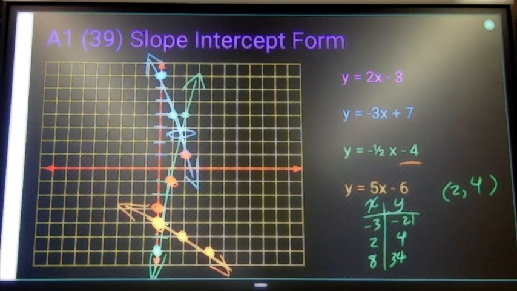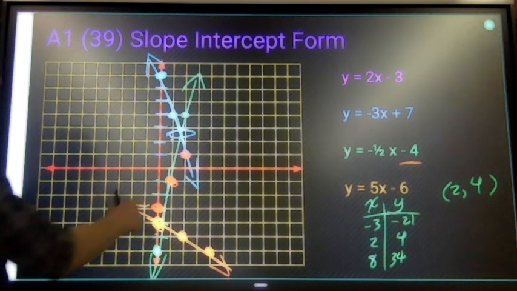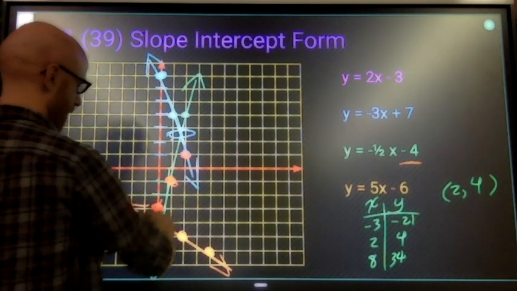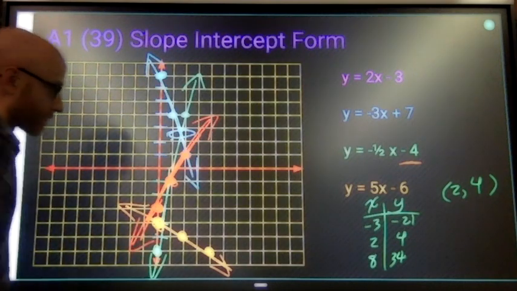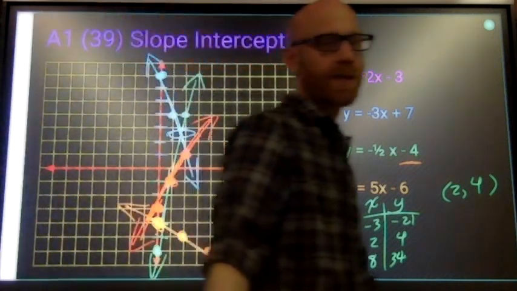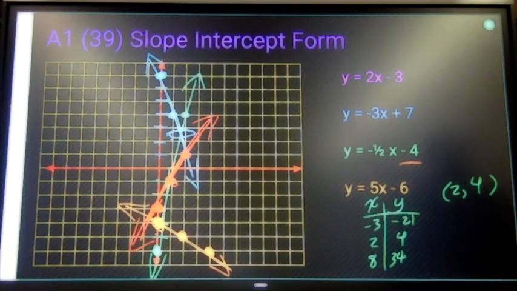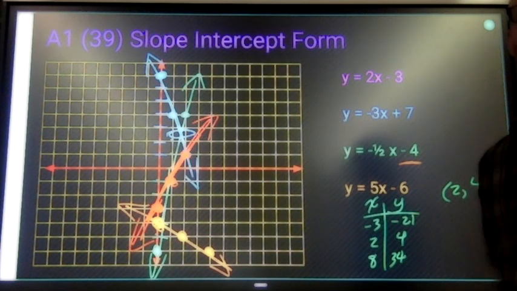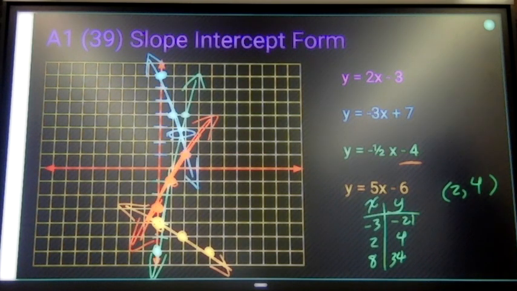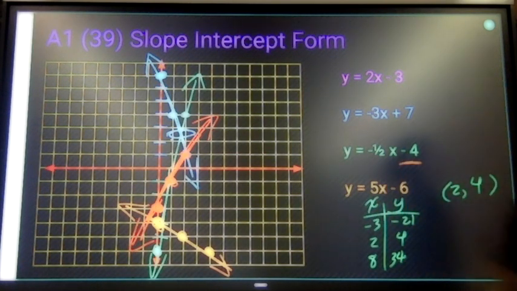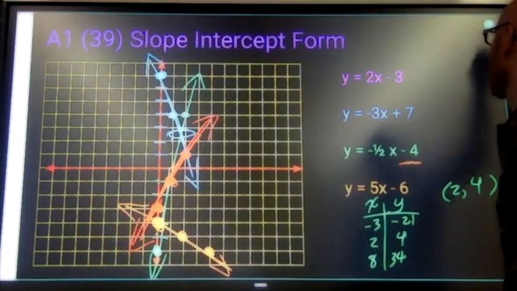Forward 1, up 2. Interesting. It went through all these other points that I already graphed on my other lines. Okay, so that is point slope form. My fault. That is slope-intercept form. That's the power of slope-intercept form. It makes a lot of connections between the topics we've already looked at.